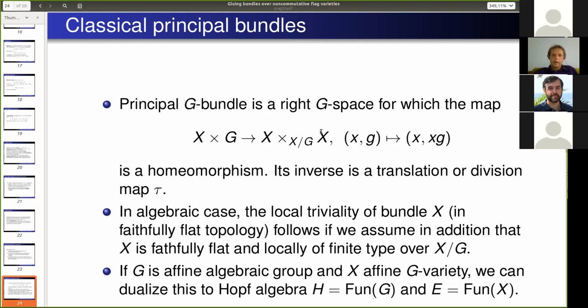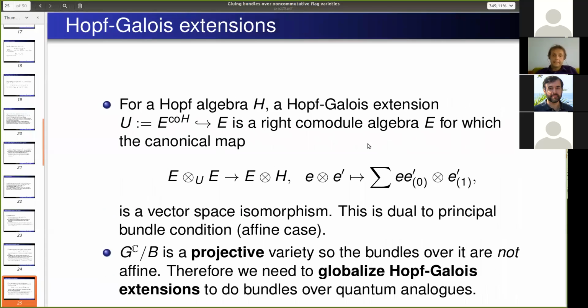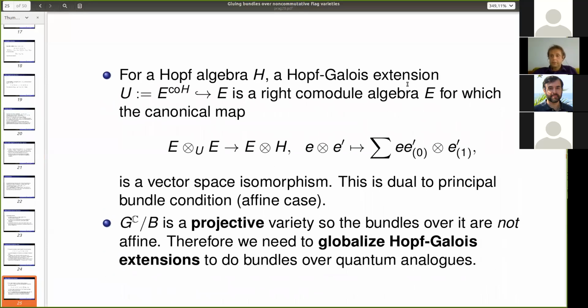So we can put all the data of a bundle in one map like this. Element-wise, in the set case, it would be given by these formulas. And this can be dualized. When you dualize this, you get the so-called Hopf-Galois extension. And this Hopf-Galois extension is like a local case of what a principal bundle is.